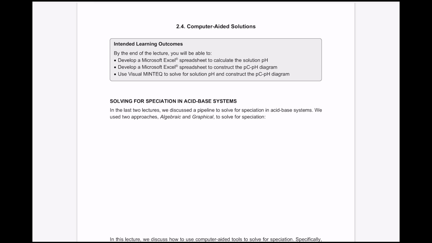And in the second lecture in the series, we talked about graphical solutions, basically constructing graphs with some logic behind it, following some rules, and eventually calculating speciation and the solution pH.